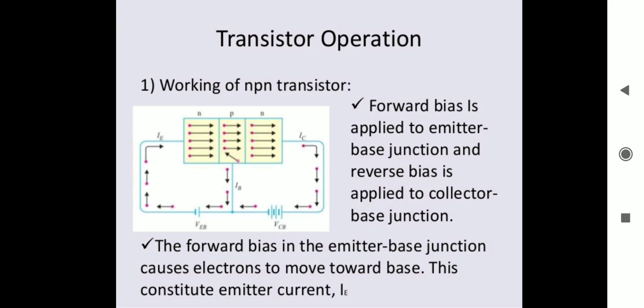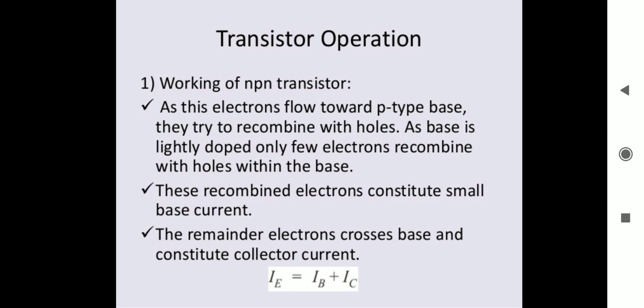The operation of NPN transistor. Here in the forward bias, the base to emitter junction reduces the barrier potential and causes the electrons to flow from the N type emitter to P type base. So the holes also will flow from the P type base to N type emitter.